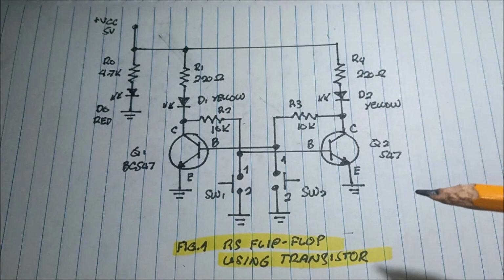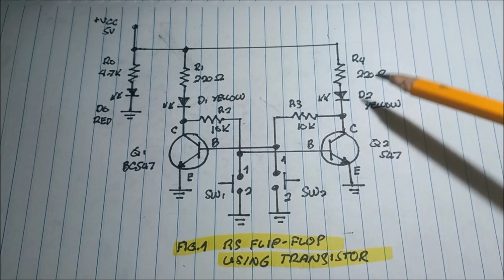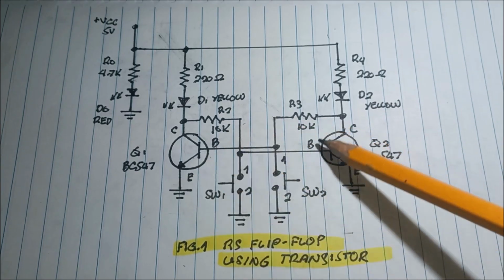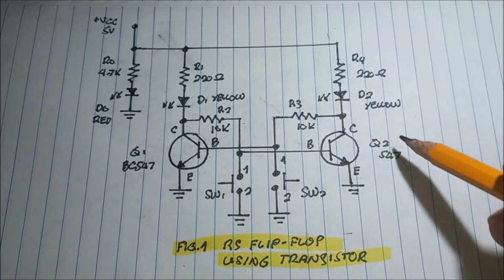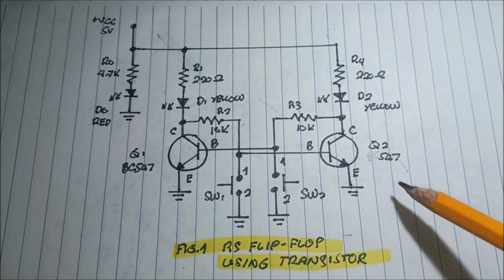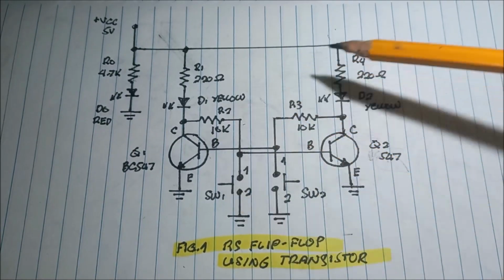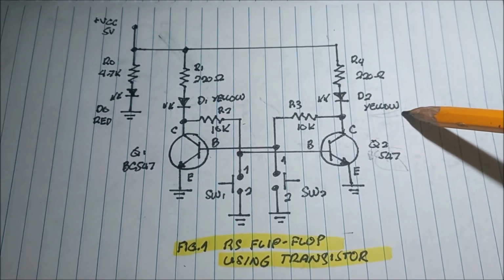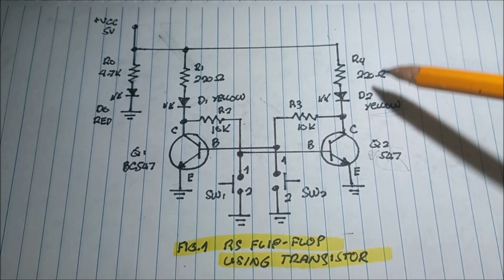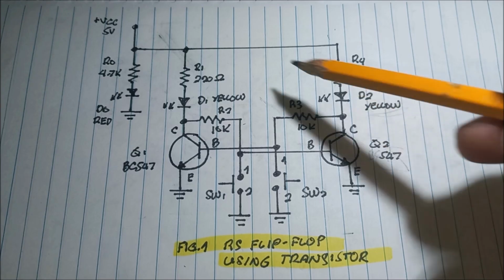This is now our circuit. So in figure 1, we have an RS flip-flop using transistors. 2 NPN transistors, BC547, BC547. And then we have the output LEDs, yellow. These are the ones that are switching on and off.